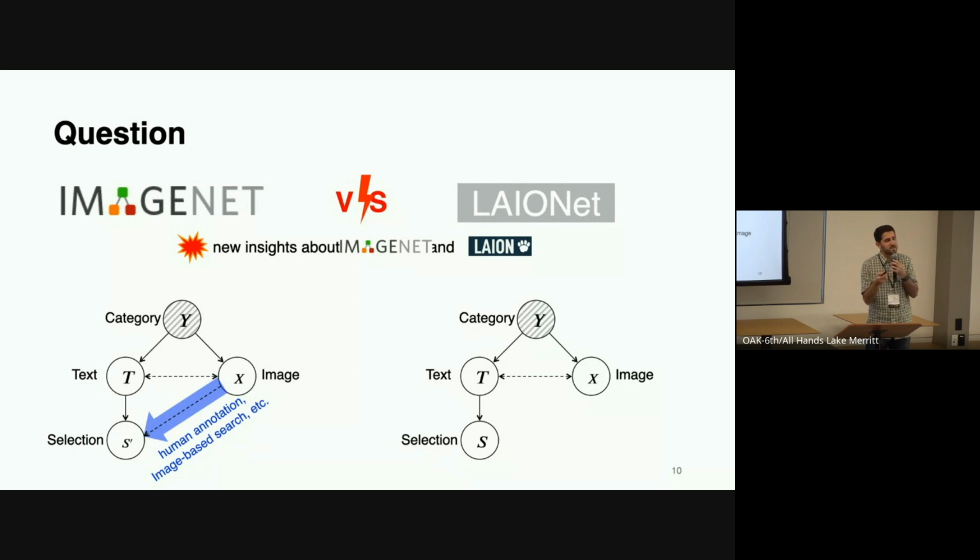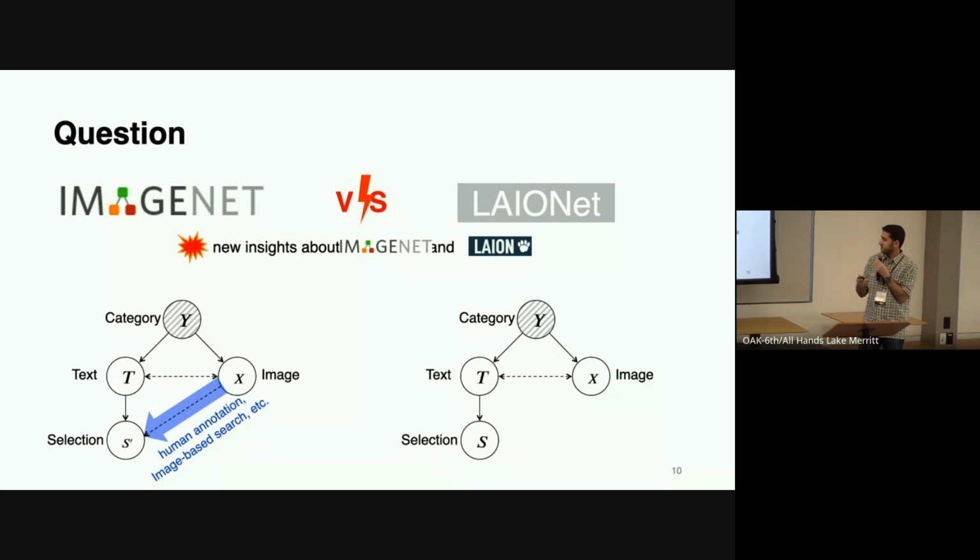Some images are just easier to be classified. Some images are just more beautiful. Or whenever we are creating a candidate set with image-based search, it's really possible that the search engine is using some visual features. So that's something that might go wrong. There might be a leak of information from the image to our selection. This is something we don't like.